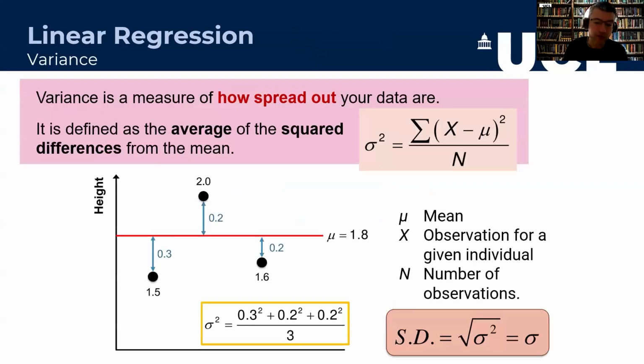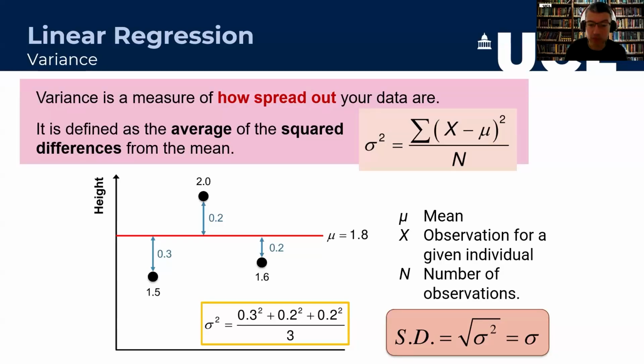So when we need to take the structure into account, it's also important to remind ourselves what the variance is and how it's usually defined in regression modeling. The variance is a measure that tells us the variation of the data around the mean.